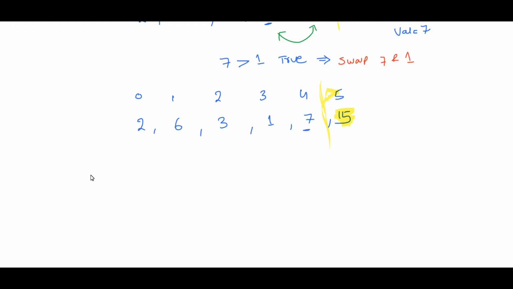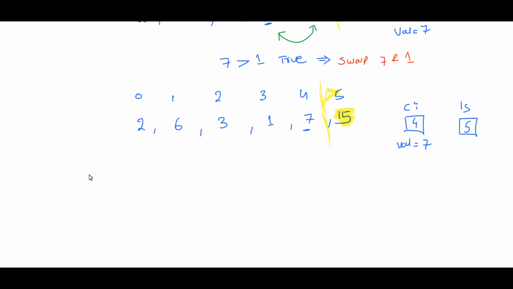Oops, yeah, but you get the idea. CI has a value of 4, value is equal to 7, and our LS is pointing to 5.